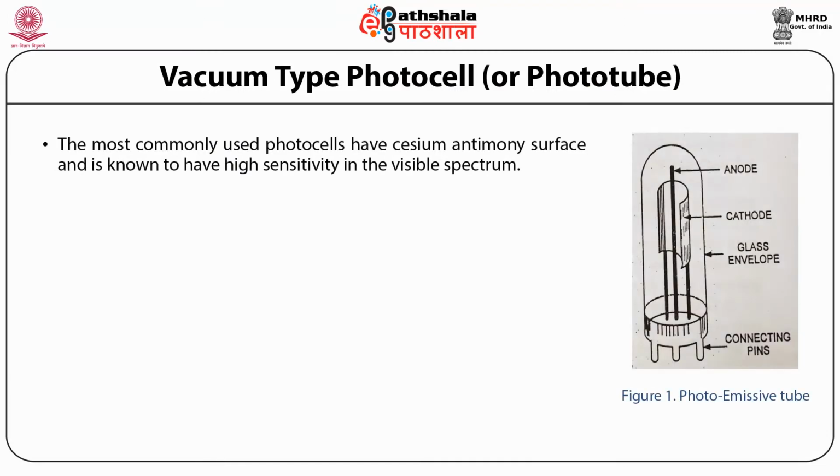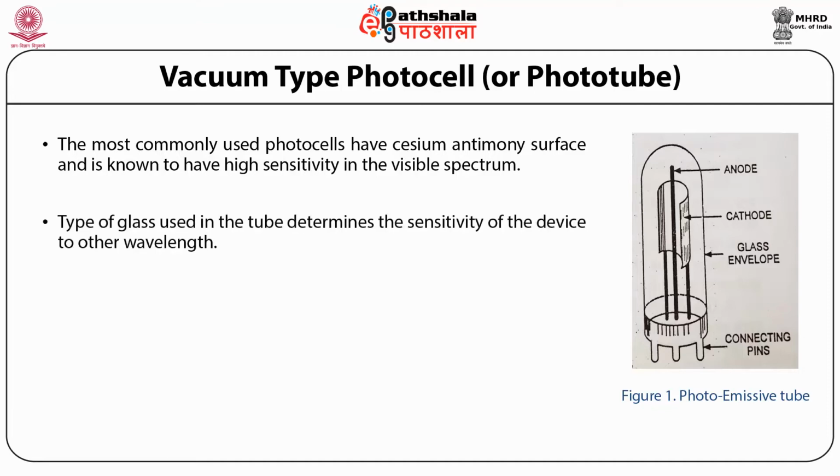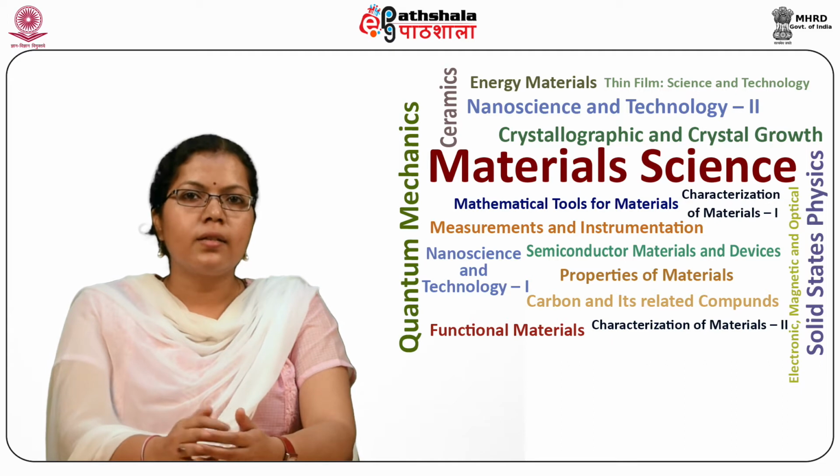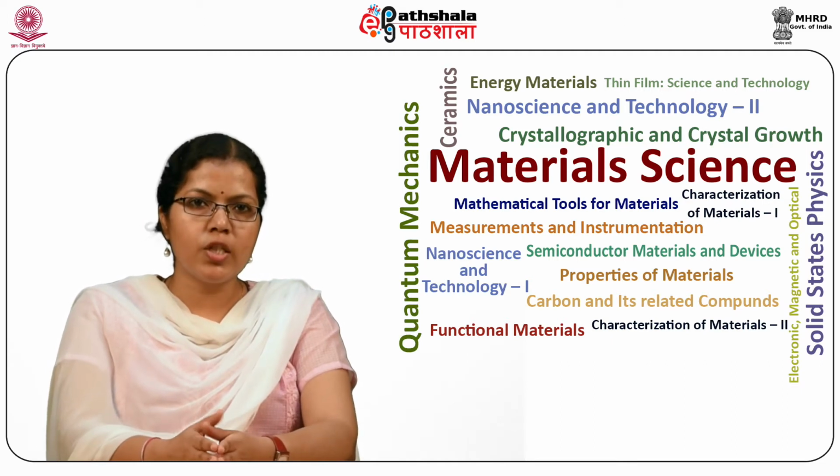The most commonly used photocells have a cesium antimony surface and are known to have high sensitivity in the visible spectrum. The type of glass used in the tube determines the sensitivity of the device to other wavelengths. The assembly of the phototube is shown in figure 1. The glass normally cuts off the transmitted radiations in the UV region.